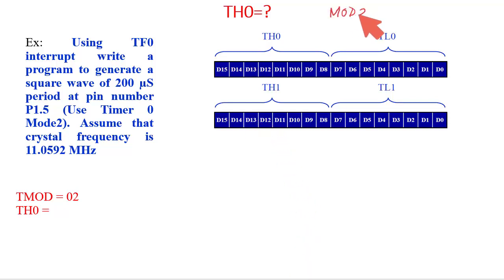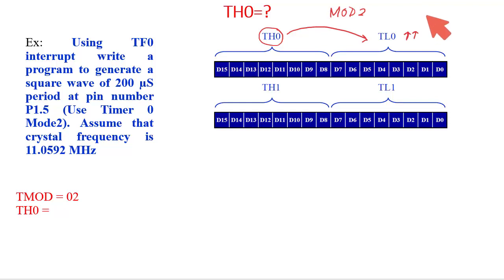For the case of mode 2 operation, what will happen? The value will be initialized at TH0. When the timer runs, the value will automatically be loaded in TL0 and the value of the timer will start to increment according to the pulse count.